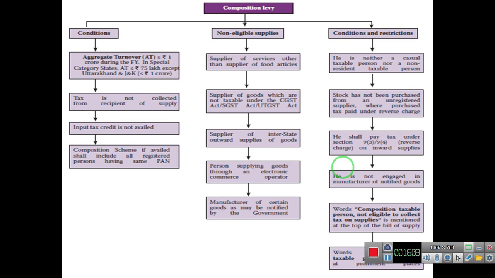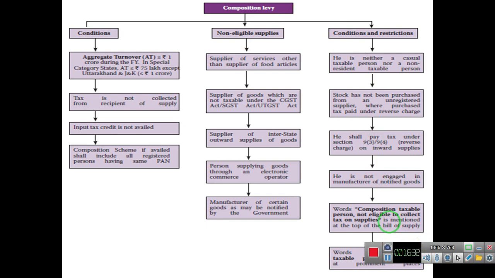If he is liable to pay GST under reverse charge, he shall pay tax under reverse charge basis on inward supplies. He should not engage in the manufacture of notified goods. Composition taxable person is not eligible to collect tax on supply, so he should mention at the top of the bill that he is a composition taxable person, and the words composition taxable person should be prominent on his business premises.